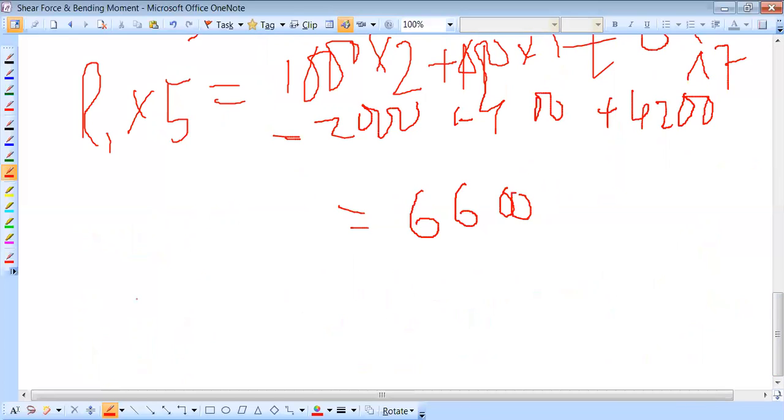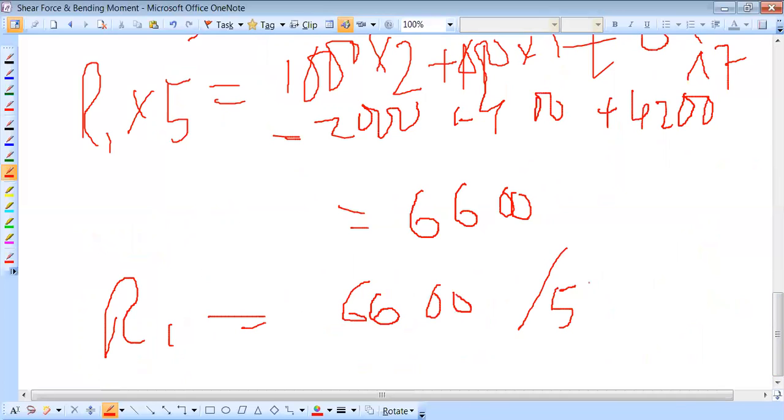Then R1 equals 6600 divided by 5, that means 1320. That is the value of R1.